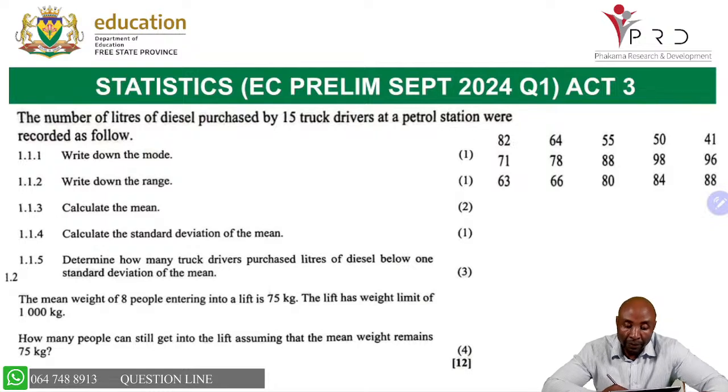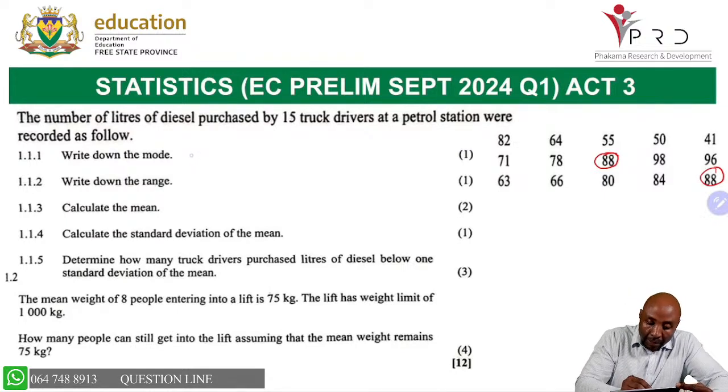Now it says the number of liters of diesel purchased by 15 truck drivers at a petrol station were recorded as follows. Write down the mode. Remember from the definition of the mode, the data item with the highest frequency. If I check, I have 88, I also have 88. So I can write down that my mode is equal to 88.